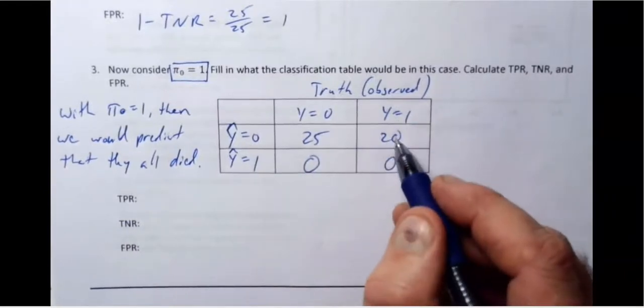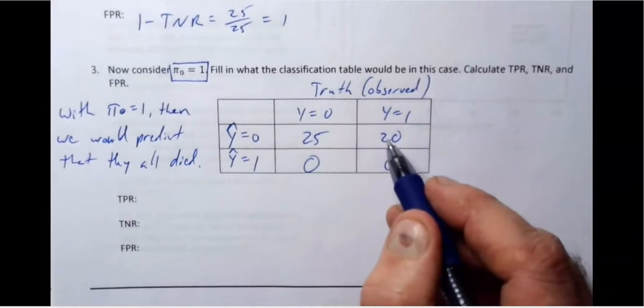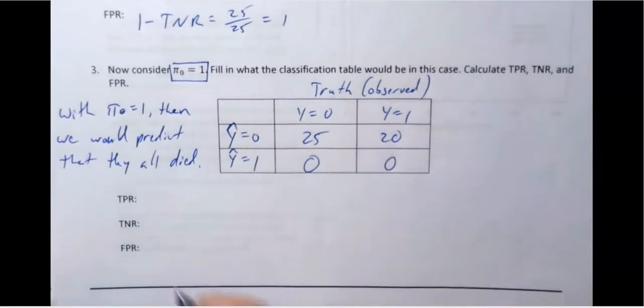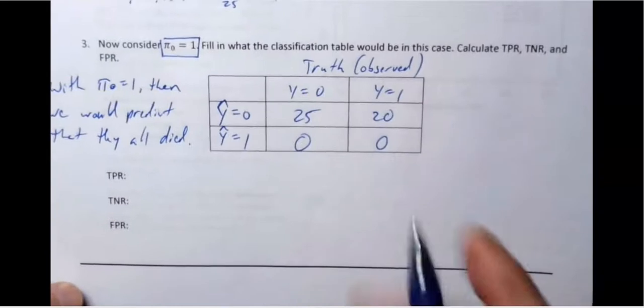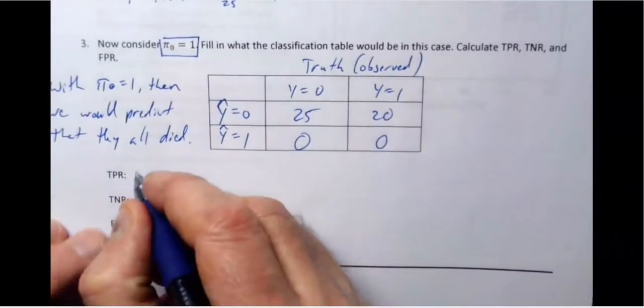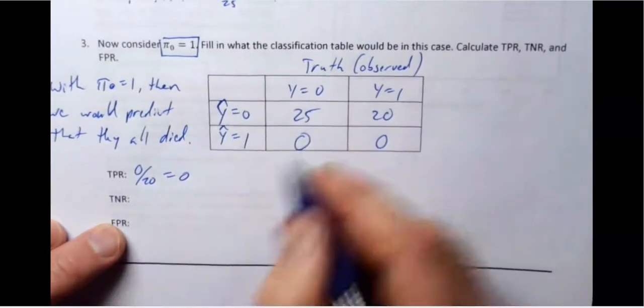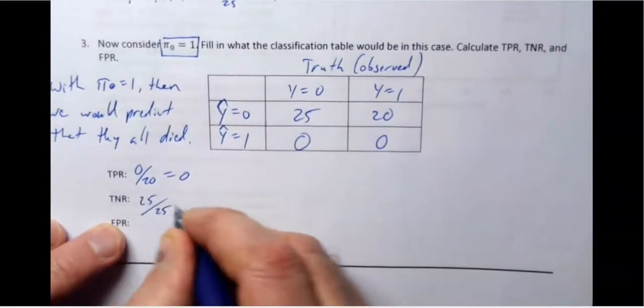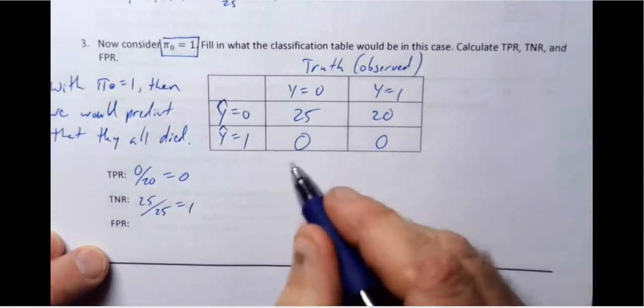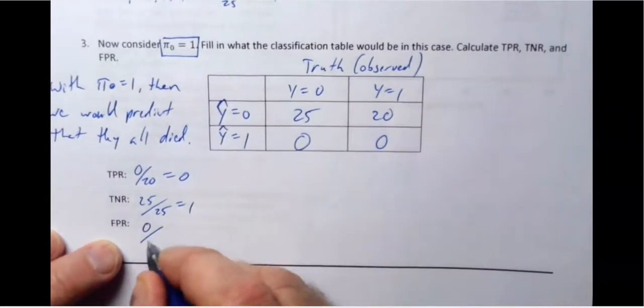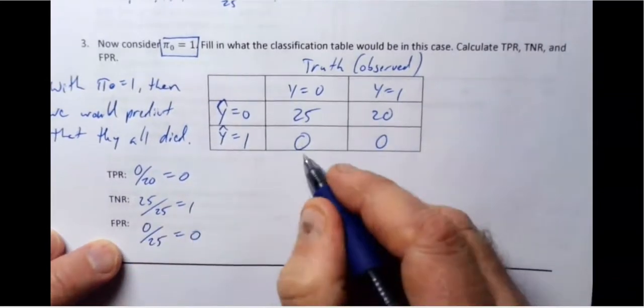Of the 20 people who actually survived, we predict they all died too. So now the true positive rate is 0 out of 20, or 0. The true negative rate is 25 out of 25, or 1. And the false positive rate is going to be 0 out of 25, or 0.